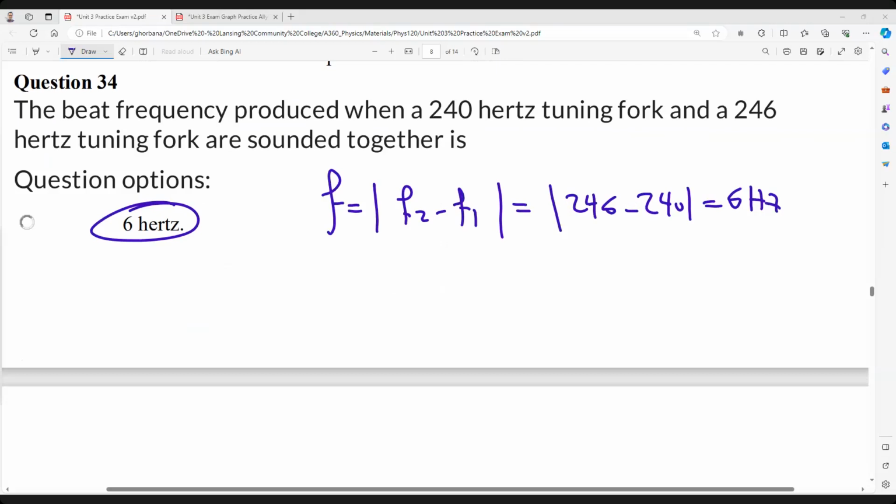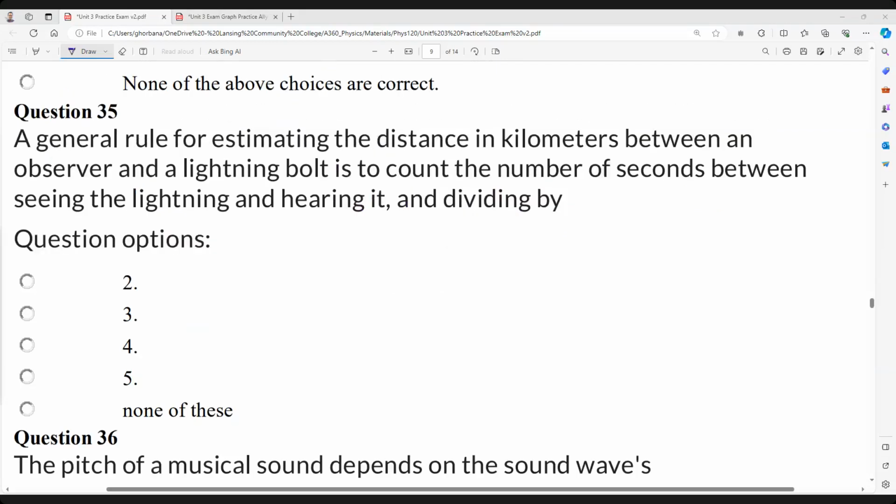So 35. A general rule for estimating the distance in kilometers between the observer and the lightning bolt is to count the number of seconds between the lightning and the thunder, then divide by what? 3.